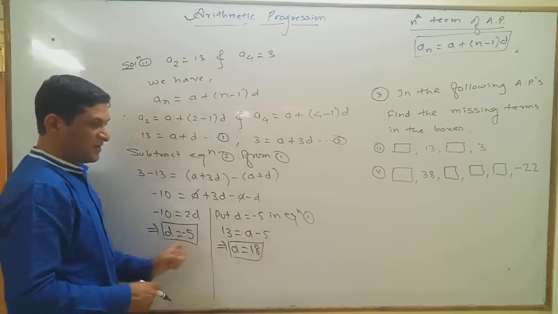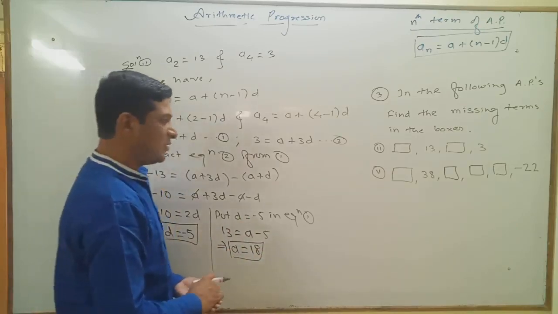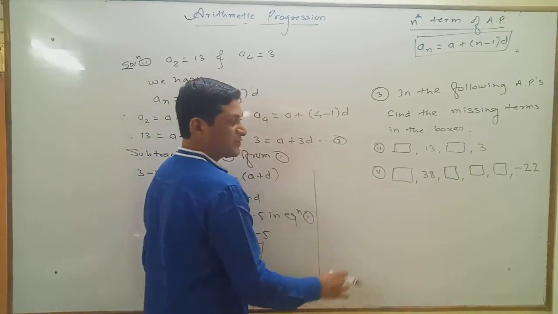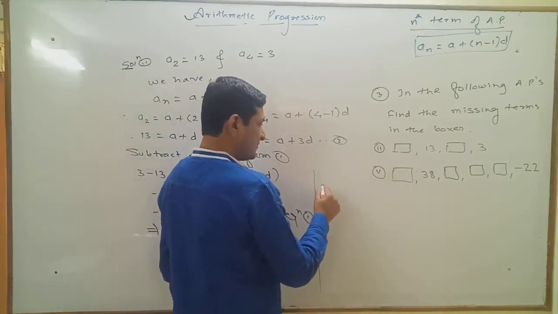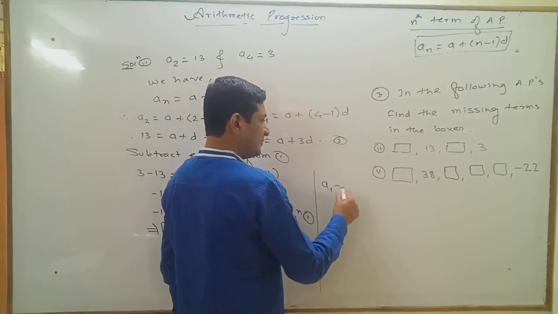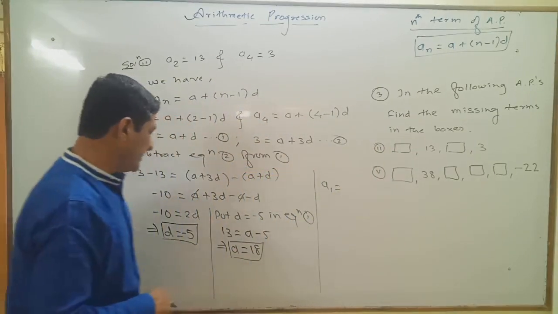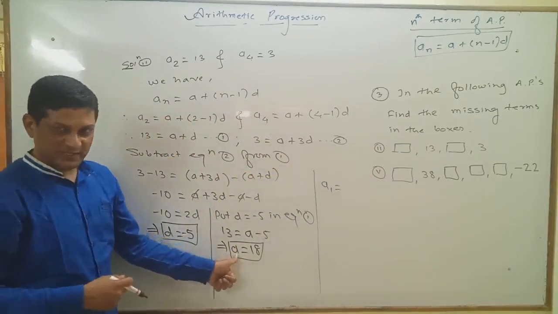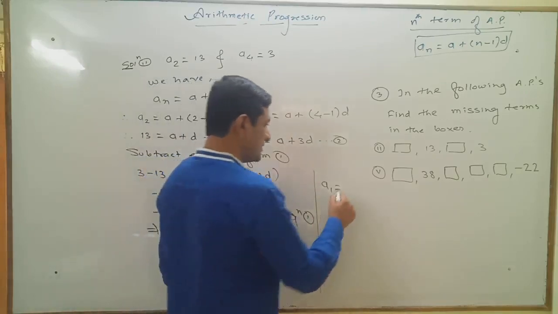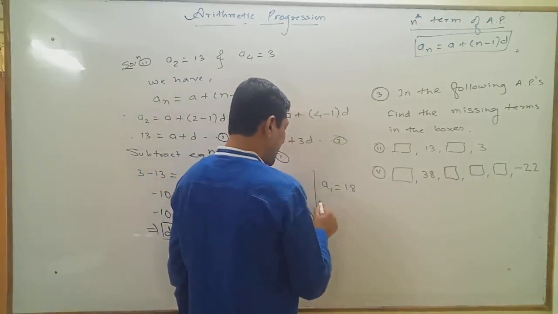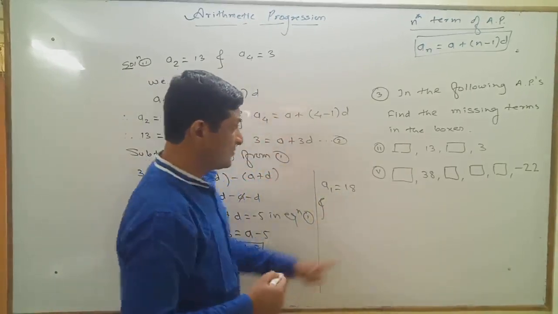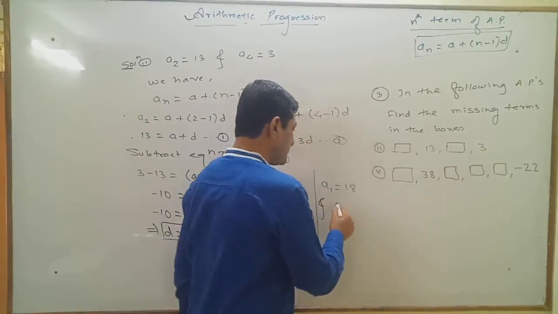Once the values of A and D are known to us, now observe the given example. The question is to find out what? First term. So first term means A1, and A1 is nothing but A. A is the first term, so the value of the first term is 18. And later on we have to find out A3. A3 means the third value.